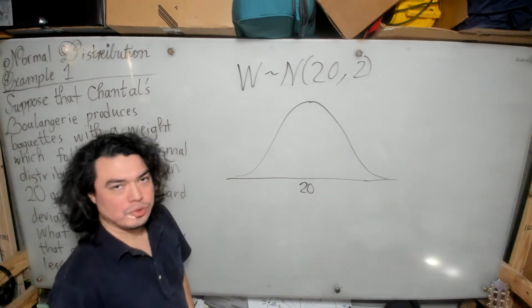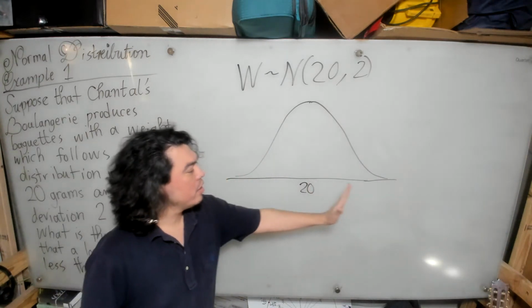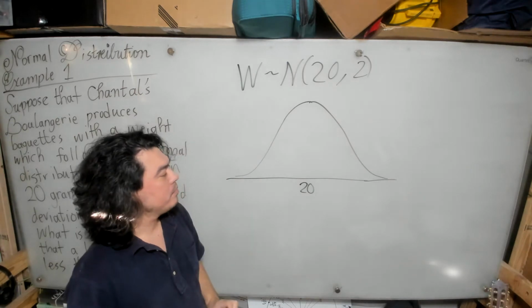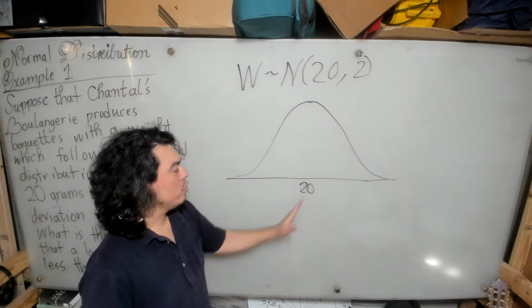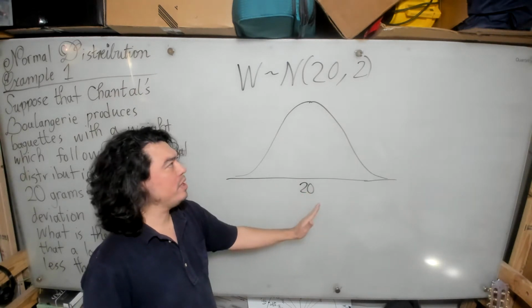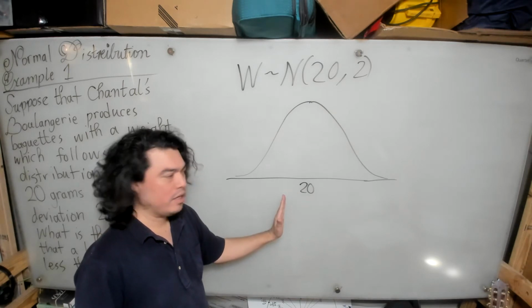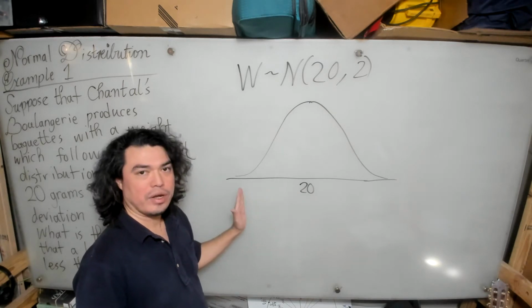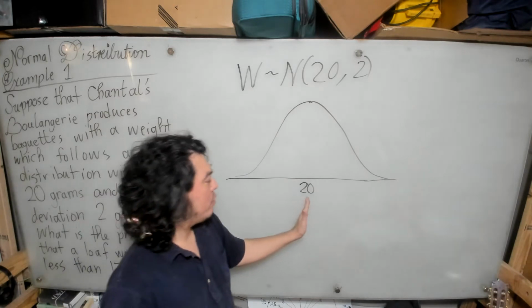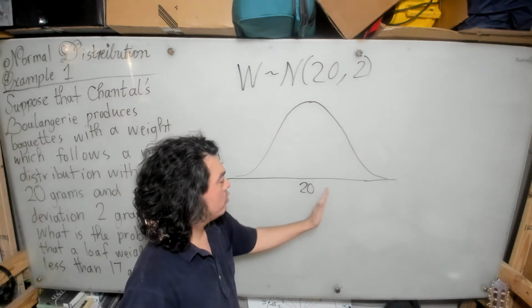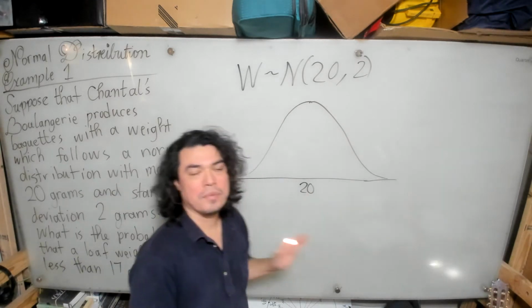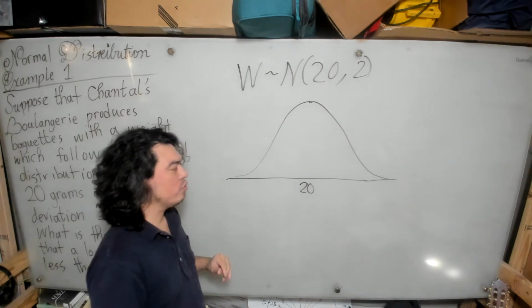And if we wanted to, we could figure out 20 minus 1 sigma, which would be 20 minus 2, which would be 18, minus 2 again 16, minus 2 again 14, etc. We could go this way, 22, 24, 26, and that would be the way that the distribution would look.